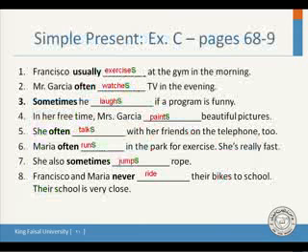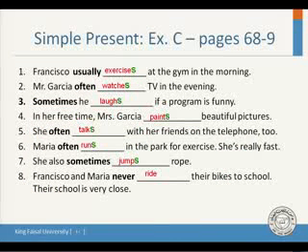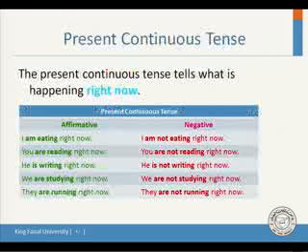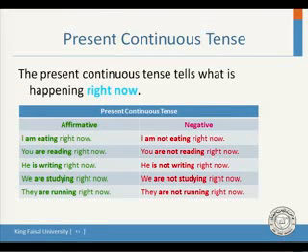In the previous slide, all of these sentences are about things that happen often or usually or sometimes, as habits, routines. So we use the simple present, exercise, exercises, not exercising, not watching. But in the present continuous, what is happening now, at this moment? We use the ing with the verb.